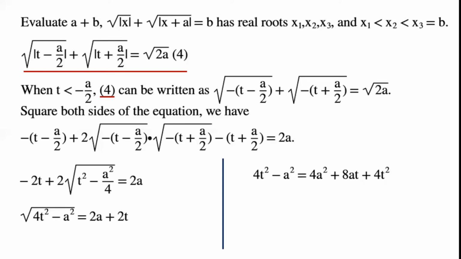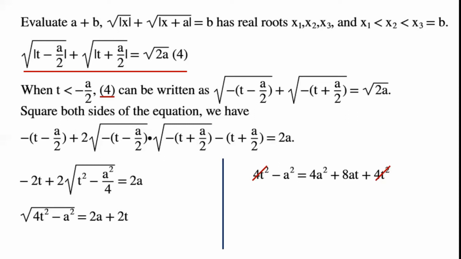By squaring both sides of the equation, we can now write 4t squared minus a squared equals 4a squared plus 8at plus 4t squared.